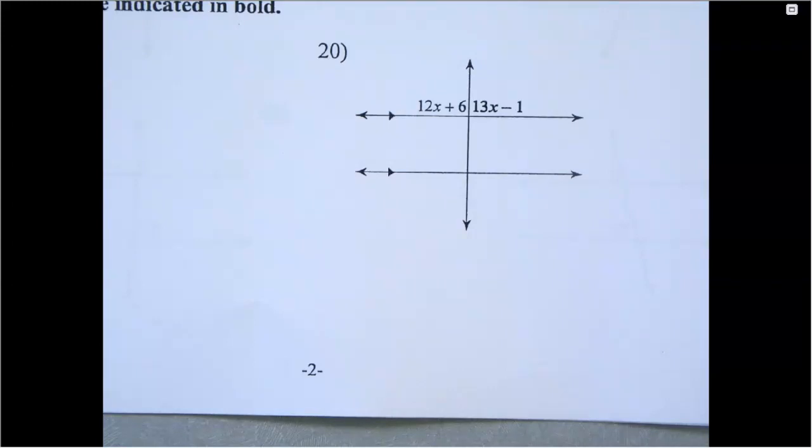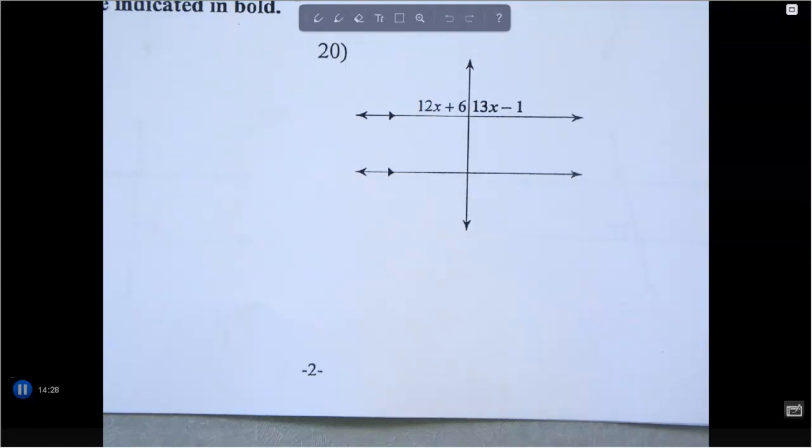If I'm not sure, I can always do the add up to 180. That will always work. Because those two angles, that and that, what do they make? 180. They make a line, and the line is 180. What are these arrows for? That means the lines are parallel.